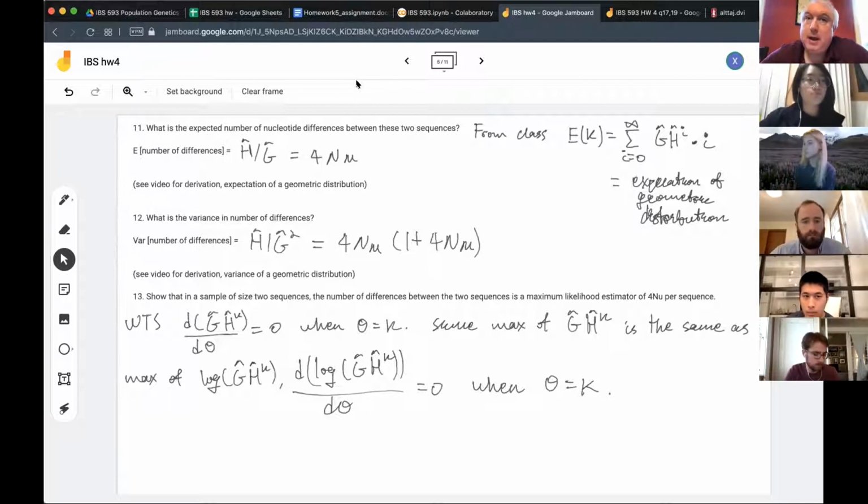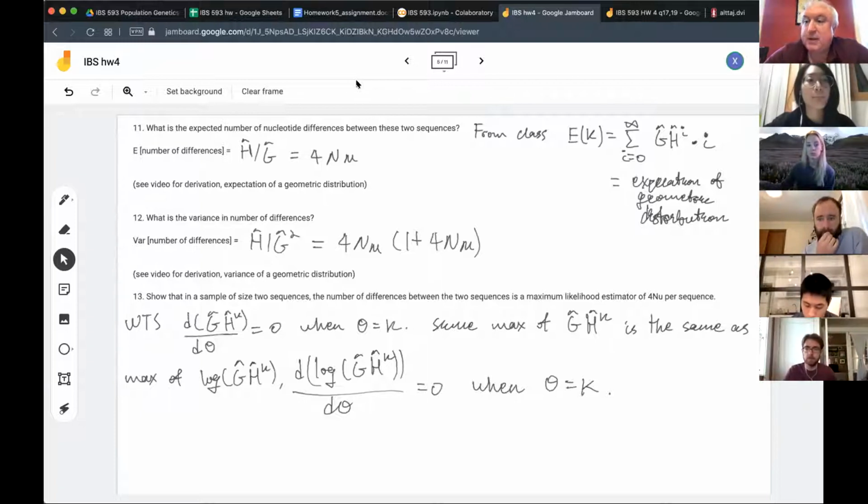And as a result, even though this is not a normal distribution, your intuition is that for two sequences, even if I expect a lot of differences, I shouldn't be surprised if I see very few. Because the variance is quite large in comparison to the mean, seeing 0 differences will never be all that surprising.